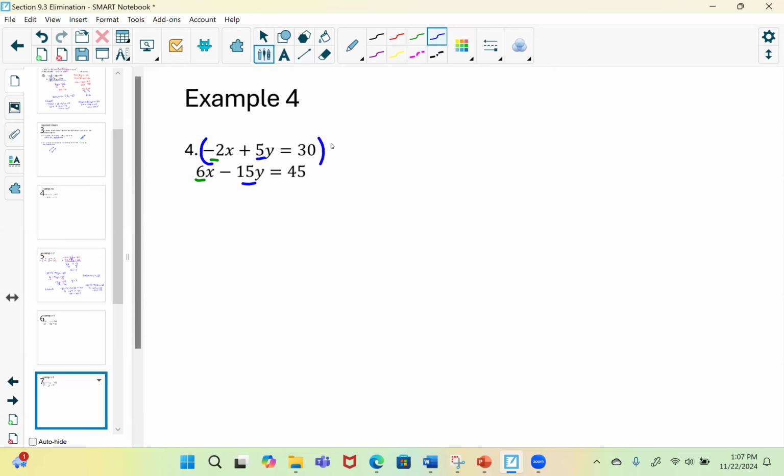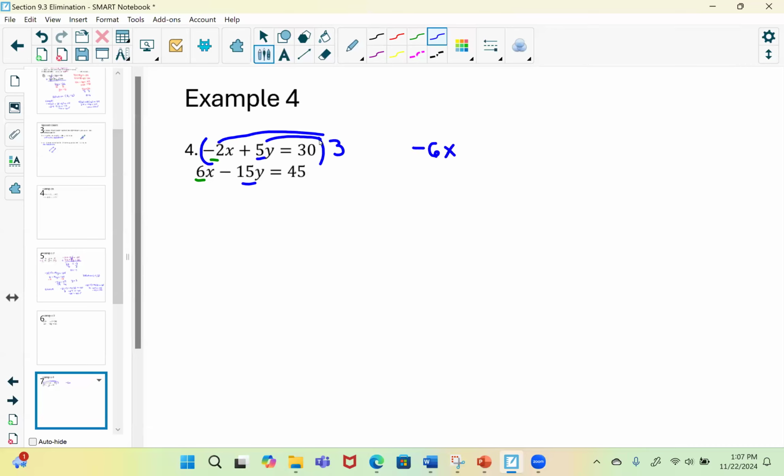I have negative 6x, and we multiply every single number, like we're distributing the 3, plus 15y equals 60. And the second equation I do not have to change because it's already 6.